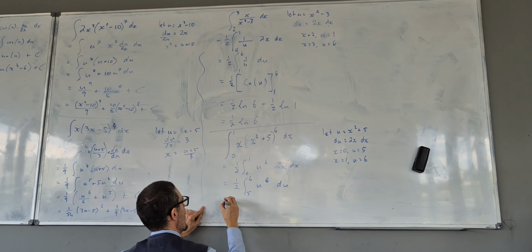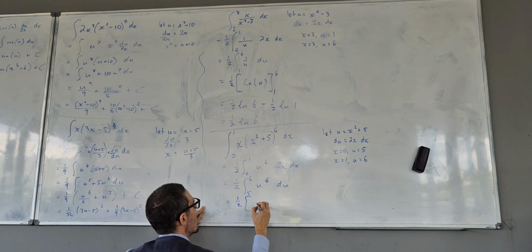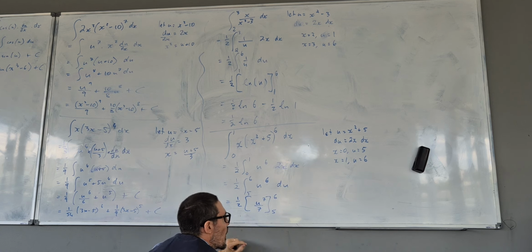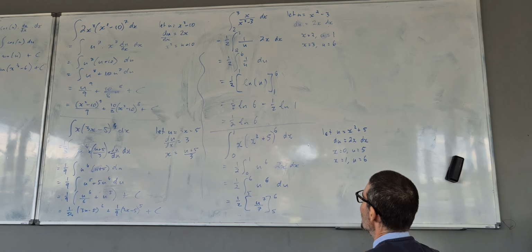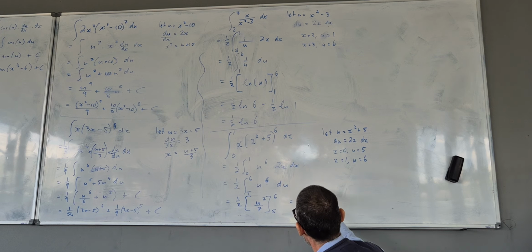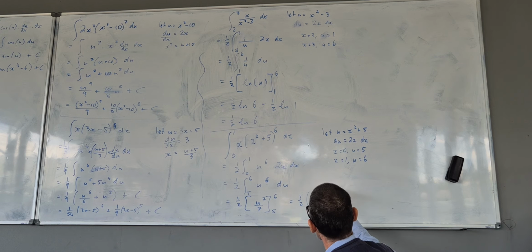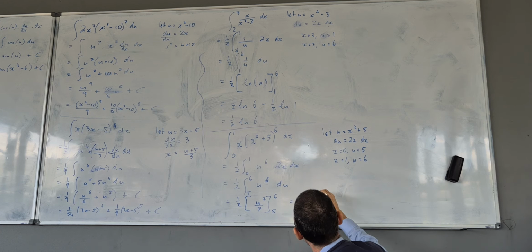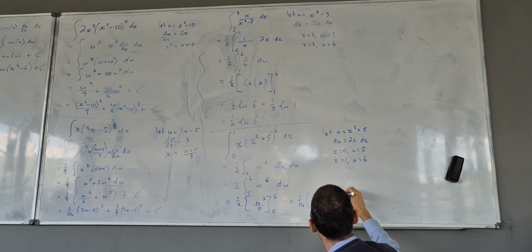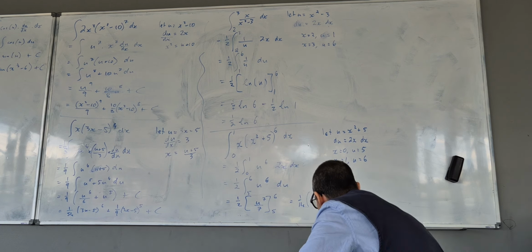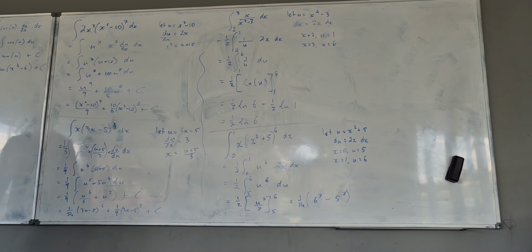The numbers might be disgusting though. u to the 7th on 7, 5 to 6, that's going to be horrible numbers. 6 to the 7th on 7. Oh, I take the 7 out, right? And I can't be bothered calculating it. Yeah, I've left it like that. That's what happens when I make questions up and they get too big.